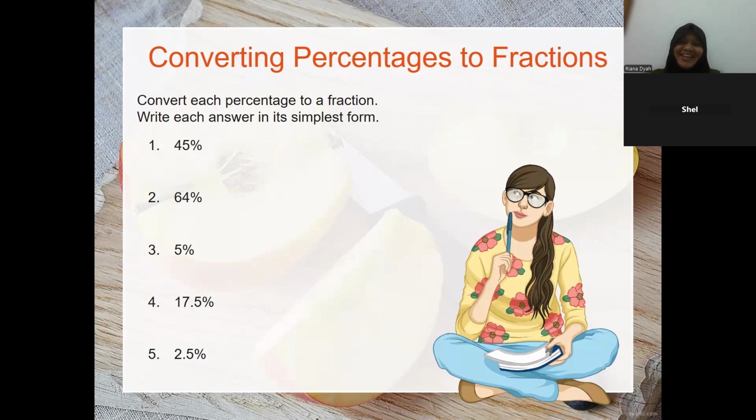Just to practice. If you have any problem, we can discuss it in the next lesson. Now, can you just write down the question, and then we continue again next lesson.